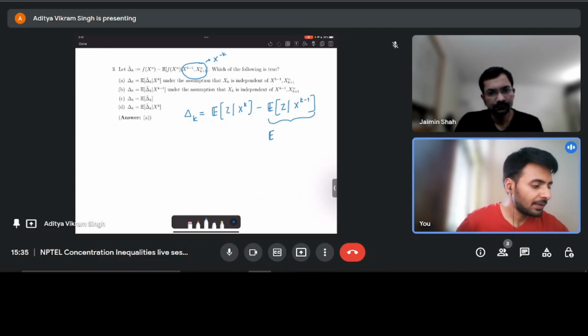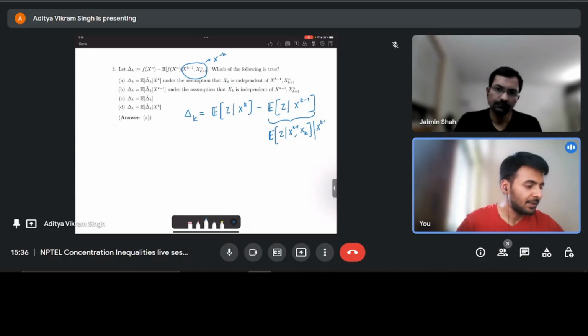This can be written as the expectation of Z given Xk minus 1 comma Xk. If we wanted to use the tower property we would condition on Xk minus 1 again, but now we are taking something more: Xk plus 1 to Xn. Since all of these are independent, this is where independence is used.